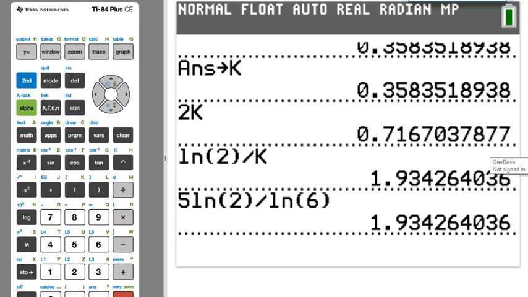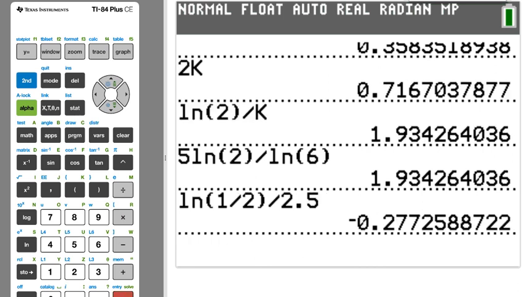So if we put the K in there, we had natural log of 1/2 divided by 2.5. Notice that that is a negative k, and a negative k means what? A negative k means decay, so that makes sense for this problem.